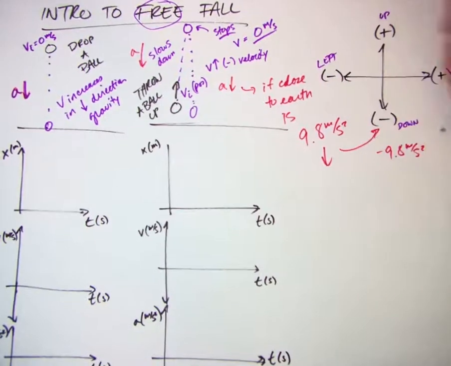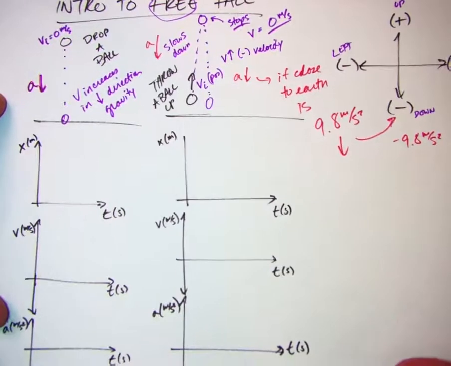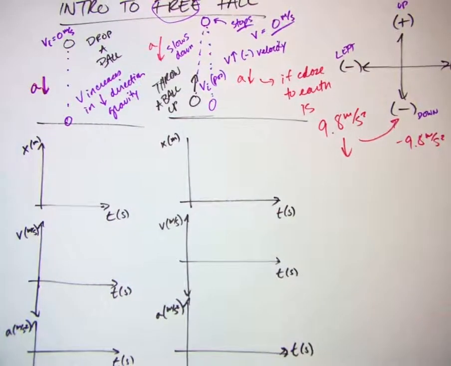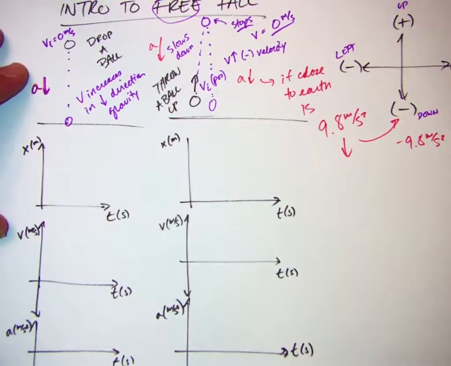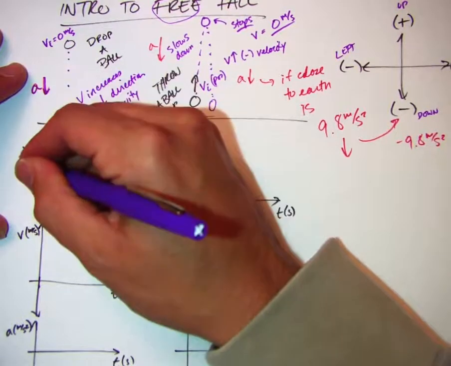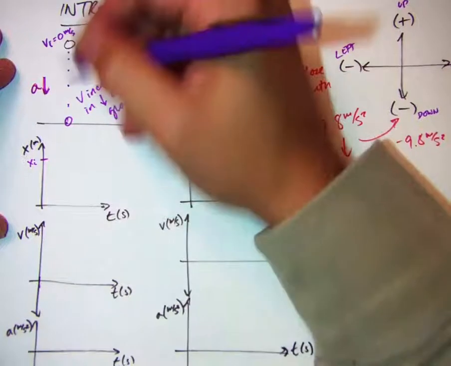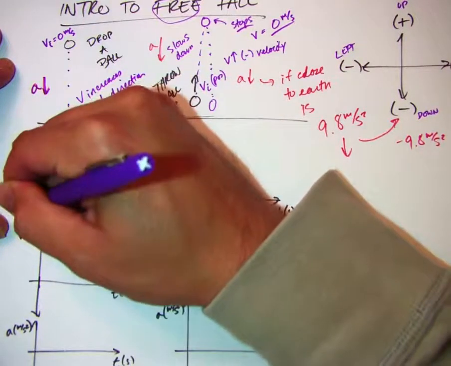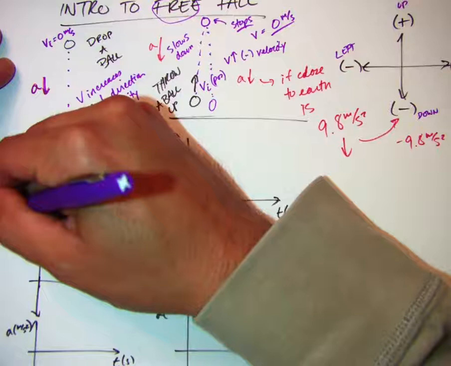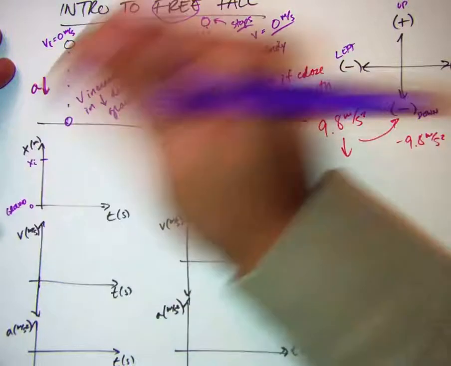All right, one more thing I want to show you before we solve some problems is what these look like graphically. If I were to graph the falling position of a ball, let's say I lift it to some initial height off the ground, and let's call my ground my 0 position. Well, what's going to happen?